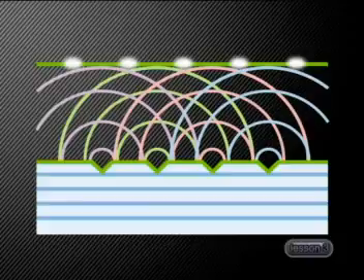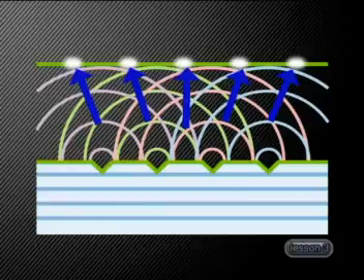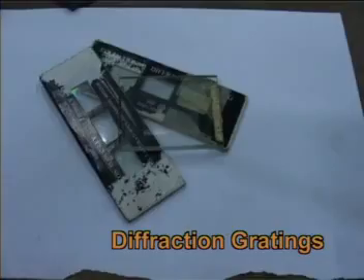In a similar way to what we have already seen, the waves from the different sources interfere with each other, creating patterns with bright patches where there has been constructive interference and dark patches where there has been destructive interference.